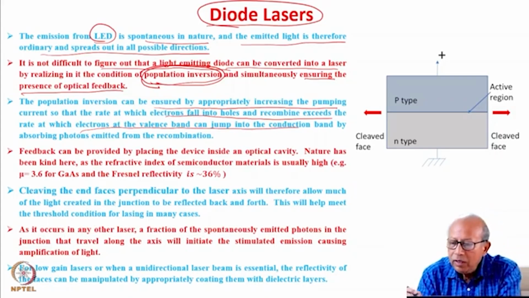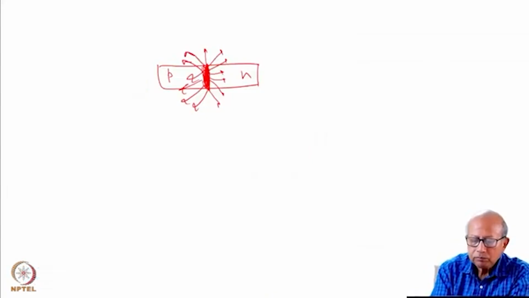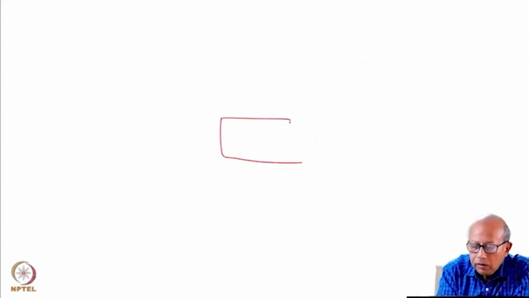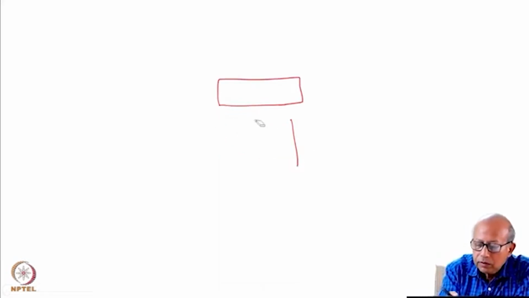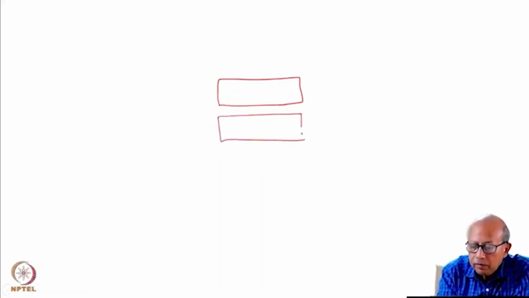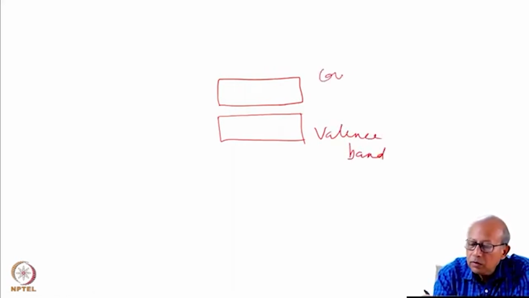So you see, you have a, this is the valence band, and this is conduction.